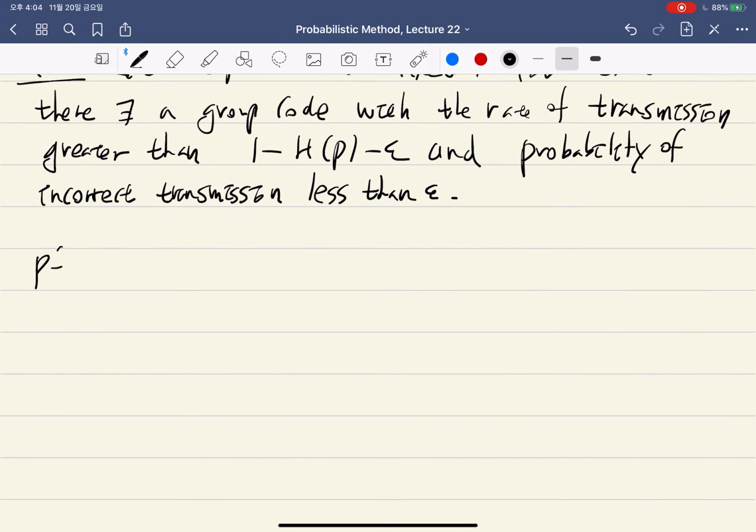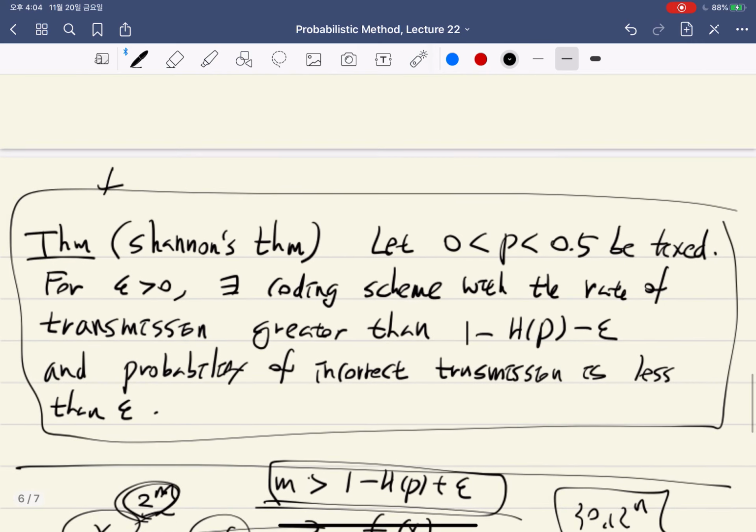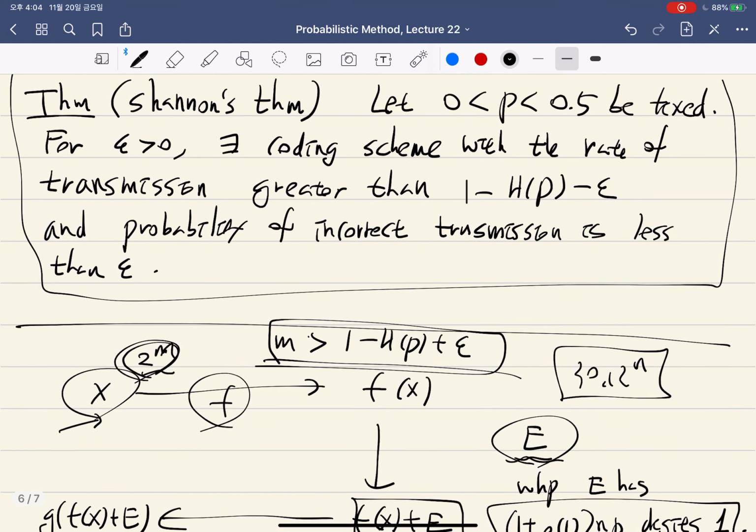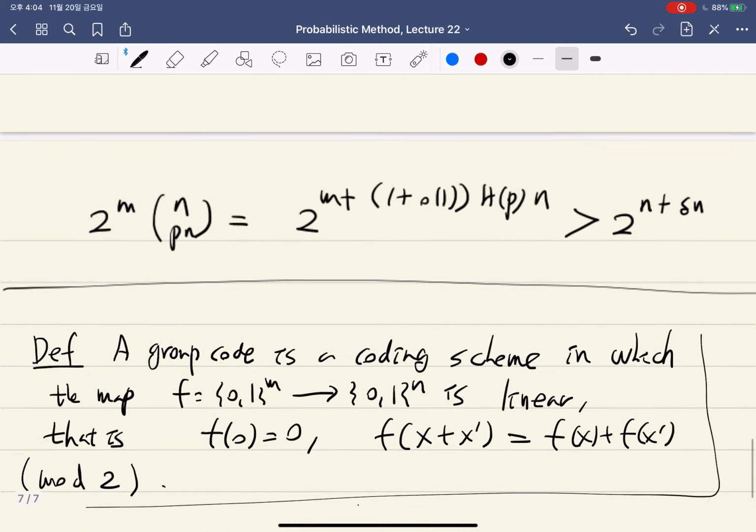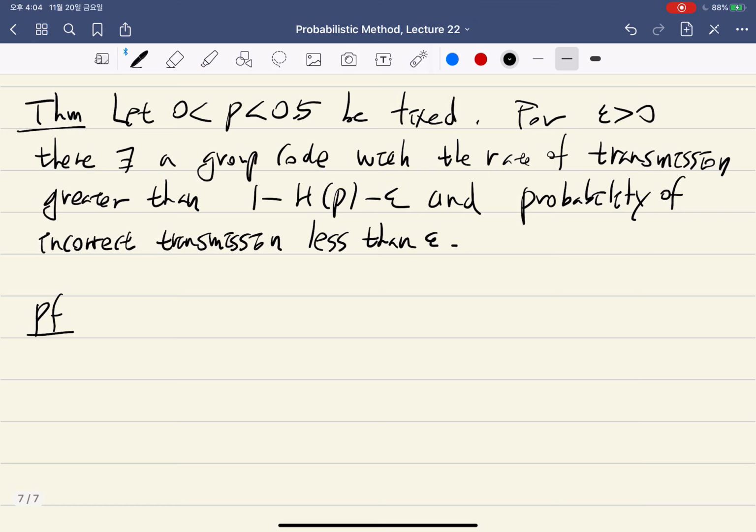So this is obviously stronger than Shannon's theorem, because there, we don't require the code to be a group code. But here, we are required to make it a group code.